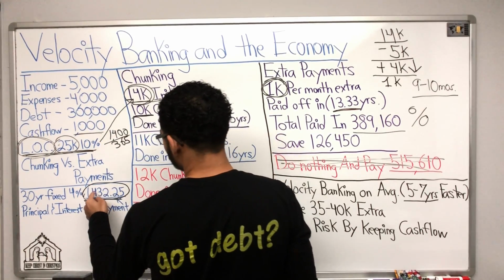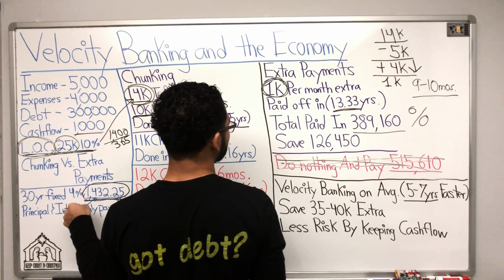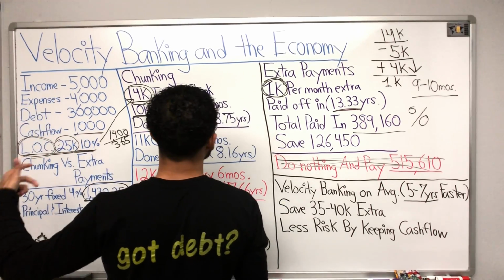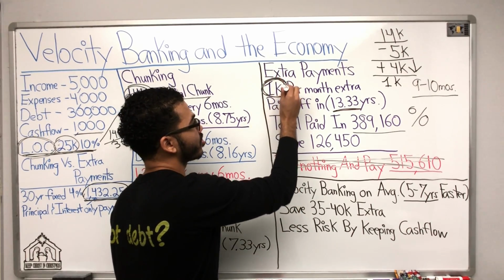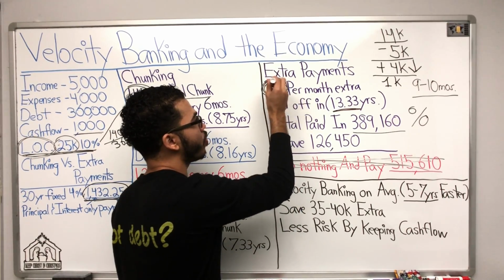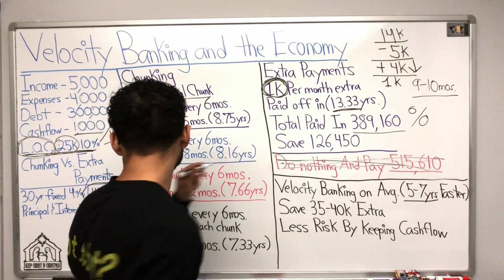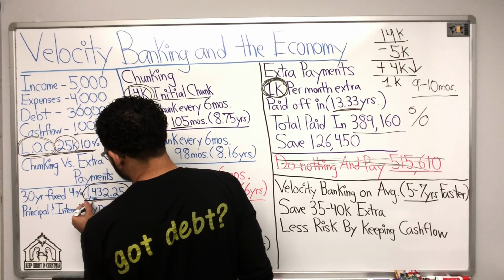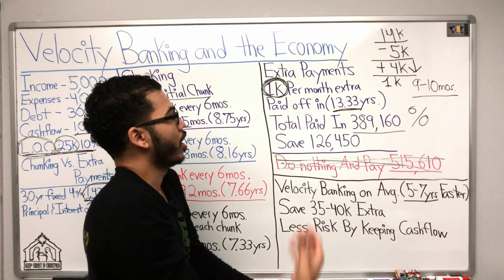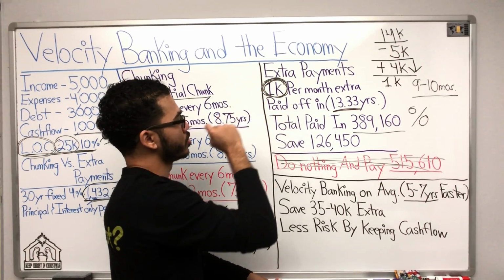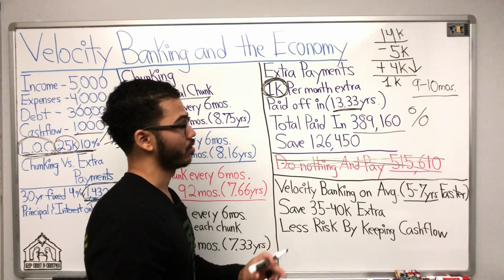Not only does the majority of the 1432.25 go towards interest in the very first 10 years of your mortgage, but so does this 1,000. You know why? The 1,000 is not more than the mortgage payment itself. So you can't tell the mortgage company, hey, put that all towards principal.